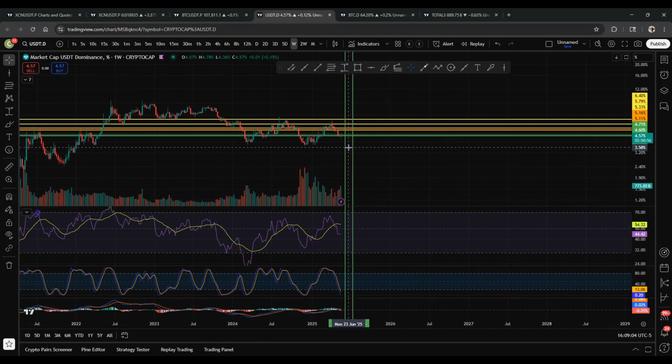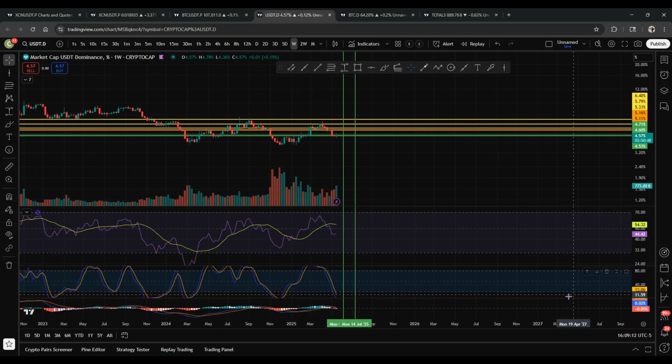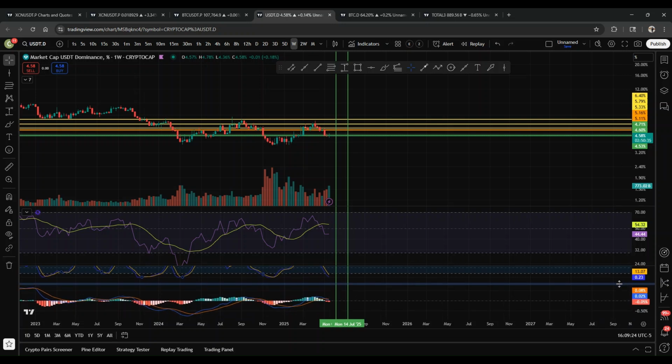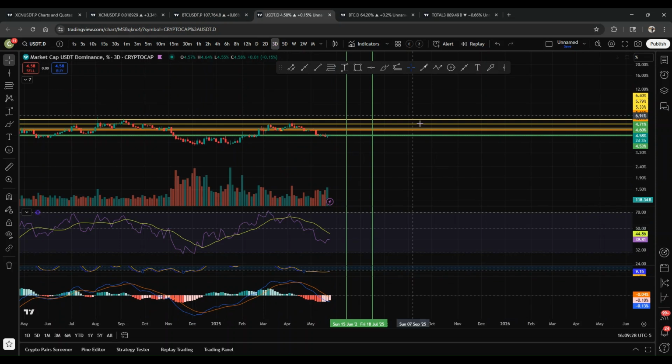So this is something which I want you to keep an eye on, because the RSI, stochastic RSI, is oversold and it's quite low, right? If you see, so if USDT dominance is gonna go up, that means correction is coming up. But this is why I want to compare it with the 3-day chart.